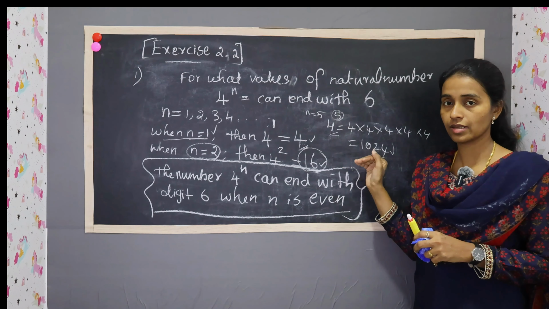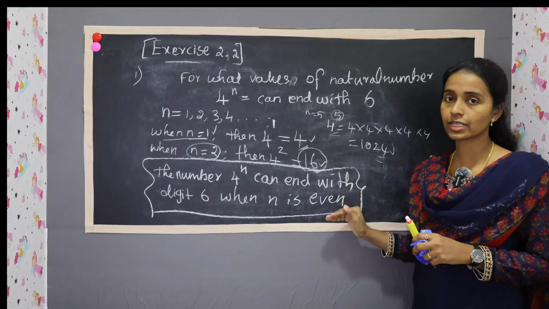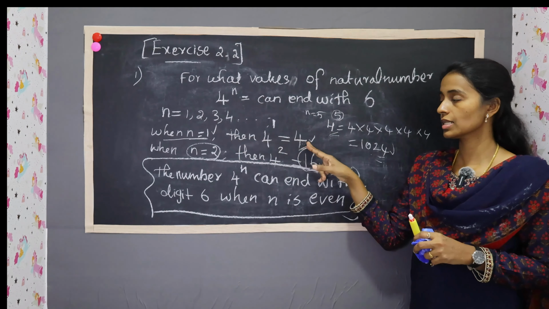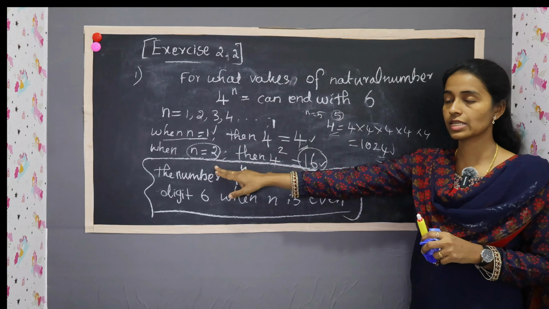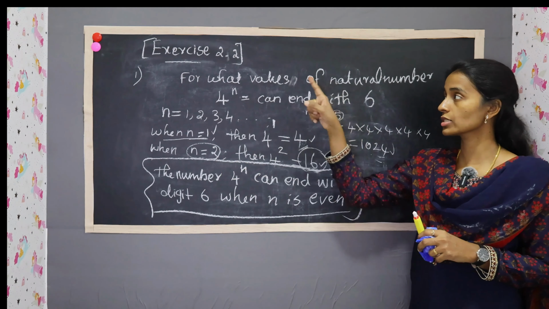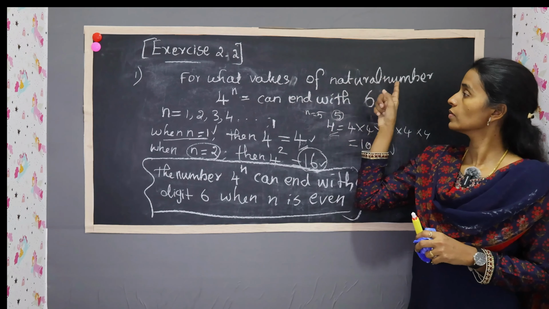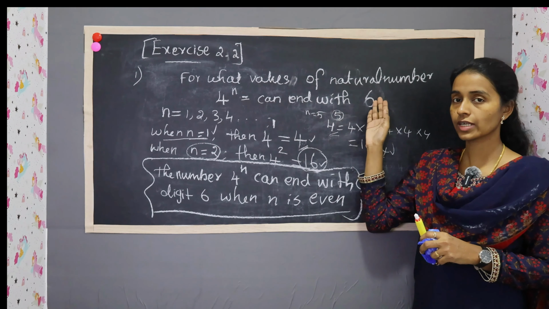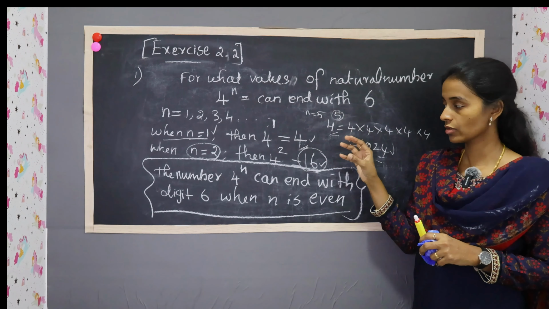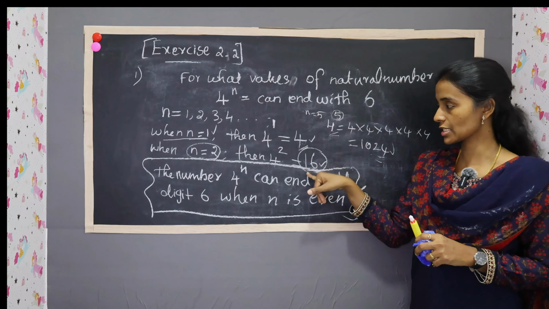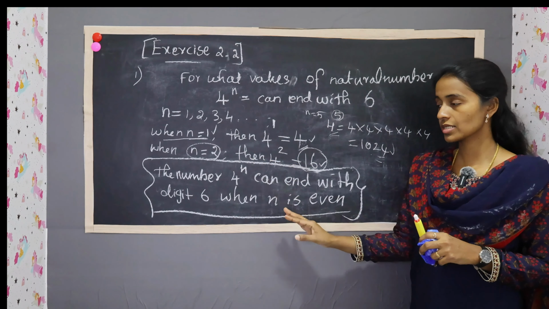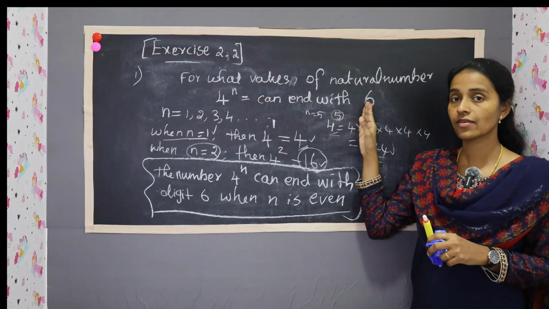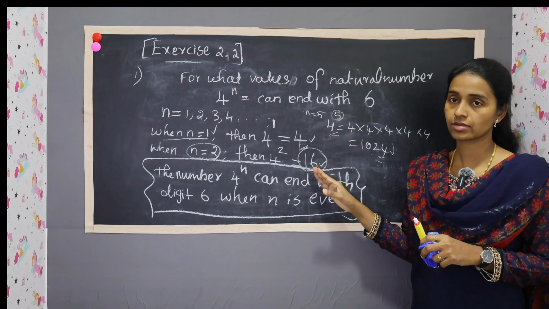In each answer, the last digit 4 and 6 get repeated. Whenever n is odd, the last digit is 4. Whenever n is even, the last digit is 6. The question asks for which natural numbers 4 power n can end with 6, so we concentrate only on the steps which end with 6. So the answer is that 4 power n can end with 6 when n is even.